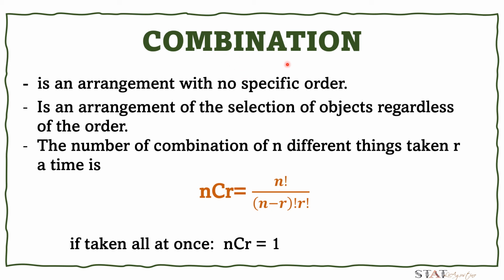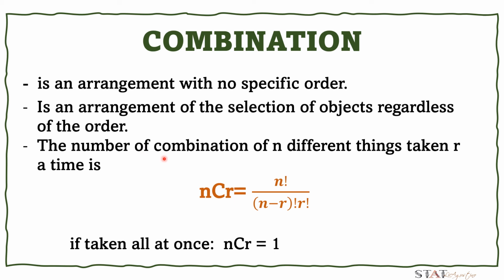And then the combination. It is an arrangement with no specific order. So, for example, in permutation, 1 and 2 is different from 2 and 1. But in combination, the arrangement doesn't matter. It is a selection of objects regardless of the order.